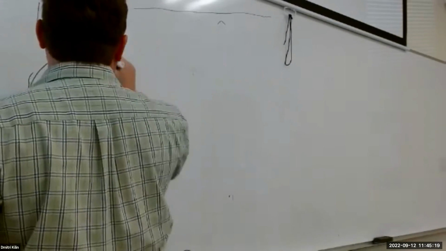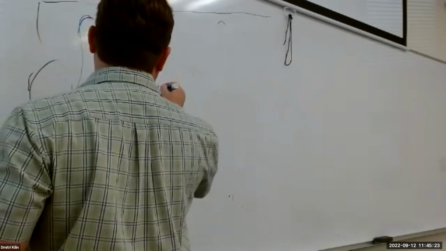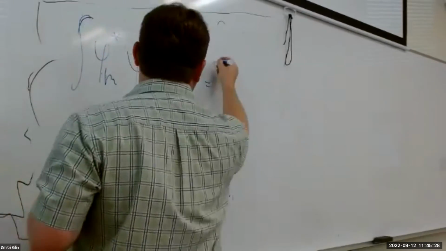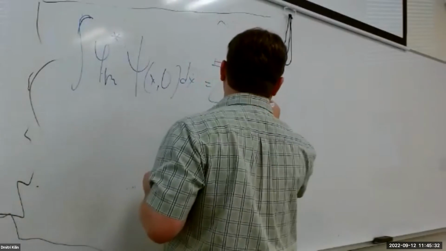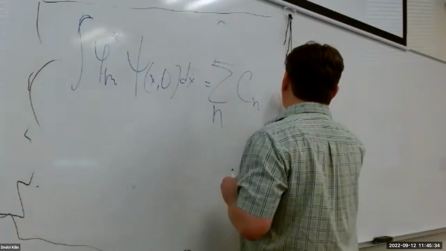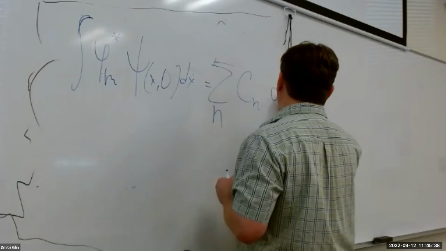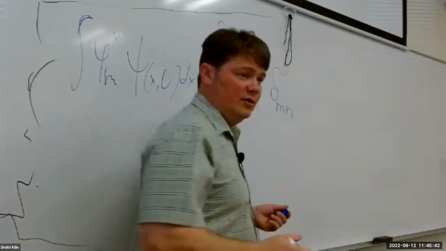So integral phi star m psi x0 dx equals summation over n c sub n and then just delta m n, right?